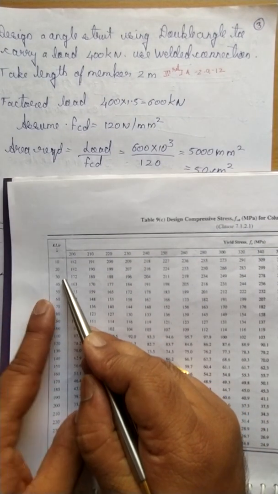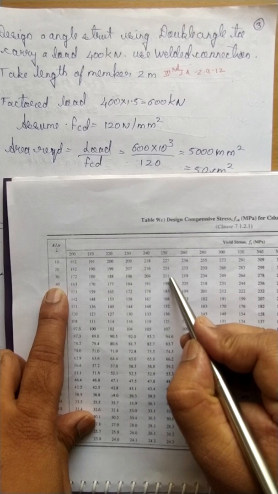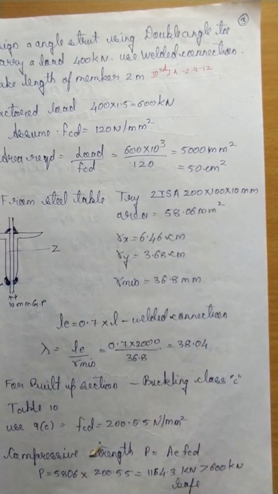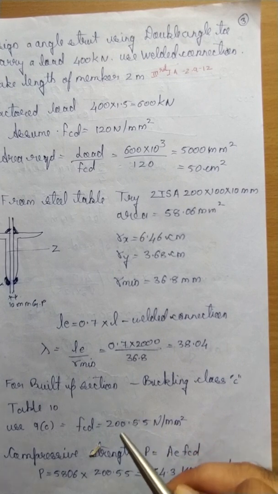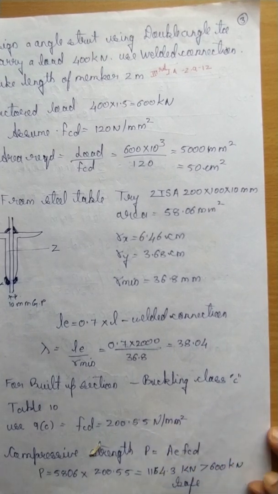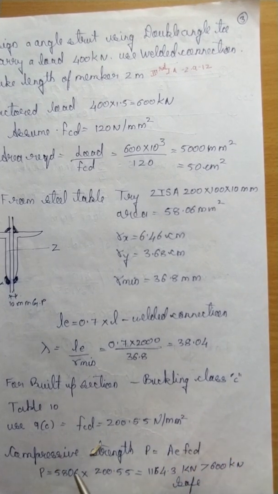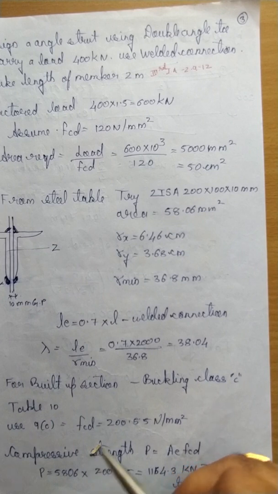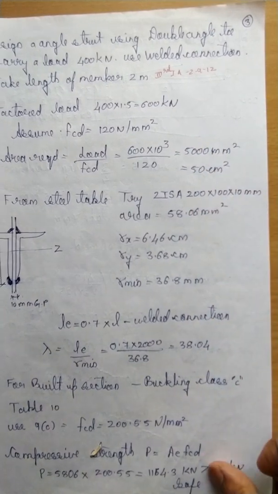So for 30 it is 211 and for 40 it is 198. So working out for the 38.04, the FCD is working out to 200.55 Newton per mm square. The compressive strength is nothing but PD equal to AE into FCD. So AE is nothing but the area which we have provided into the FCD value. So it is working to 1164.3 kilonewton, which is greater than this, hence it is safe.